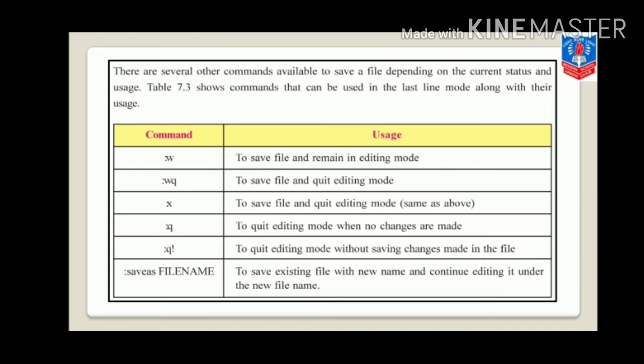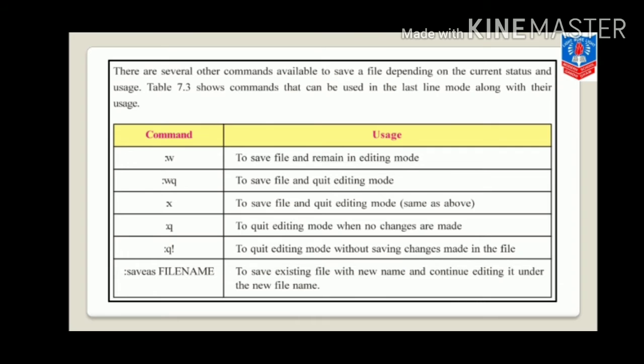Colon w means save the file and remain in editing mode. Colon wq, save the file and quit from editing mode. Colon x, save the file and quit editing mode, same as above. Colon q, only quit, no changes have been made.